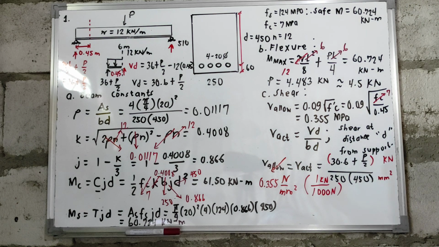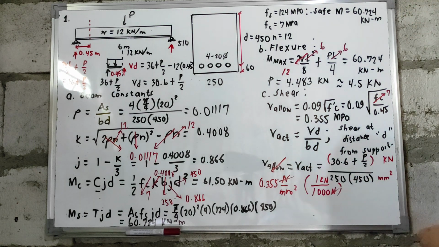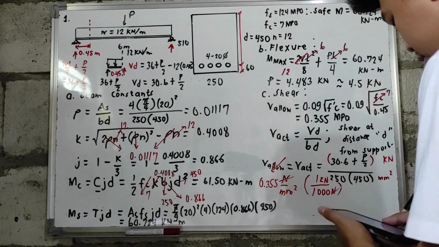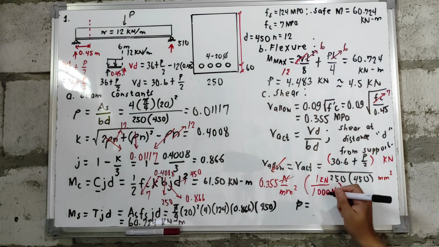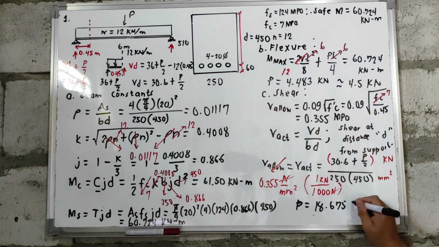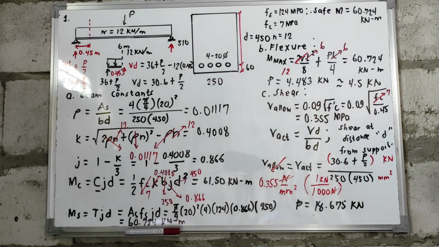So with that, by shift solve, we can now get the value of our P, which is equal to 18.675 kilonewton.